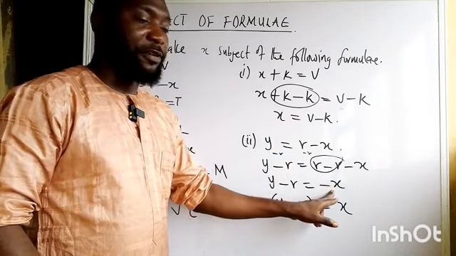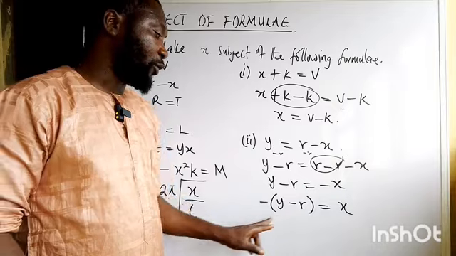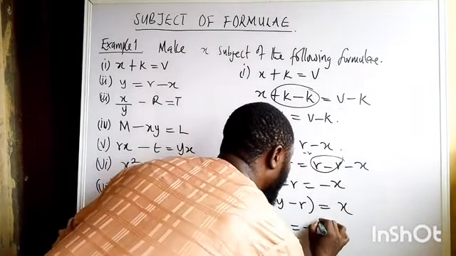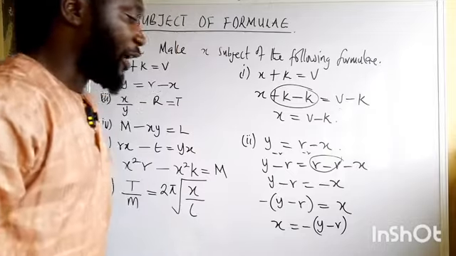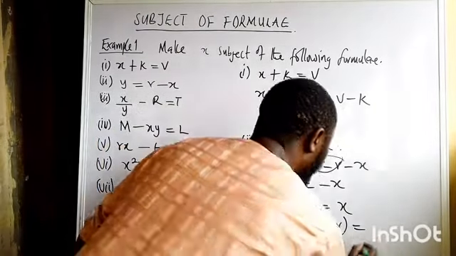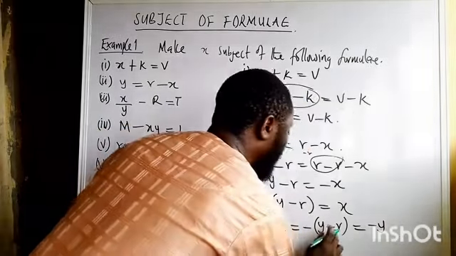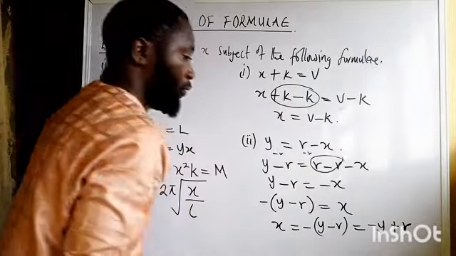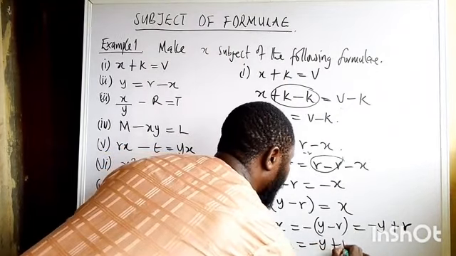When you multiply this side by negative, you get a positive X. So now our X equals negative of Y minus R. If you want to simplify this further, you can open your bracket with the negative sign: negative multiplied by Y gives negative Y, negative multiplied by negative R gives plus R. Then your X equals negative Y plus R.